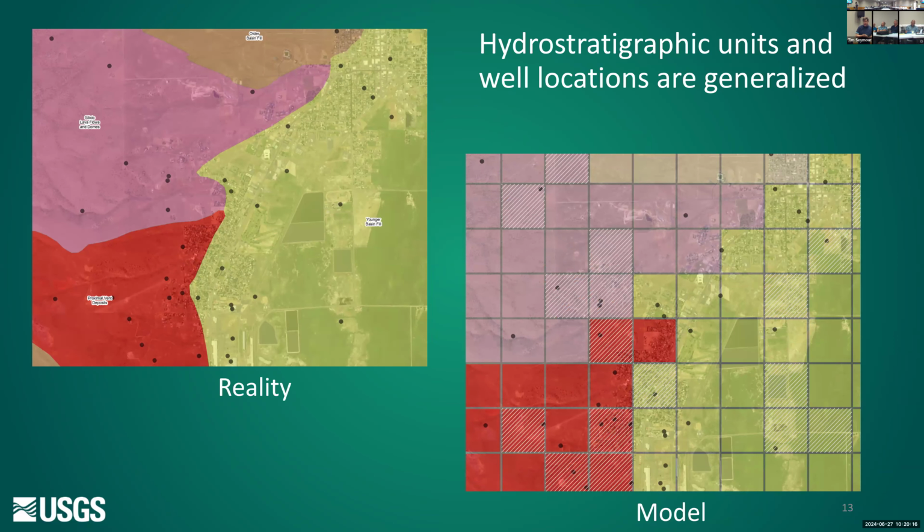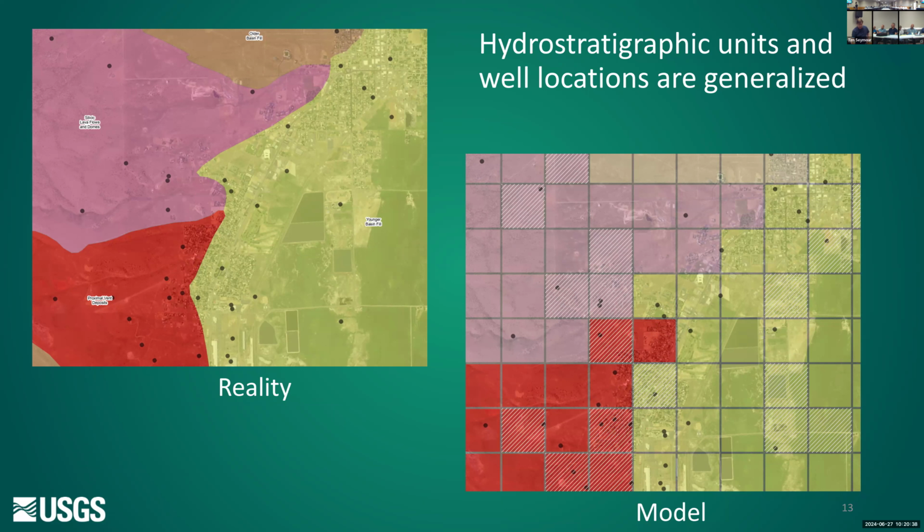I thought this was a good time to show some of the limitations of the model. We have geologic information around the basin, both on the surface and with depth, based on all the well logs and other data that we looked at for the entire basin. So we have a distribution of the geology.